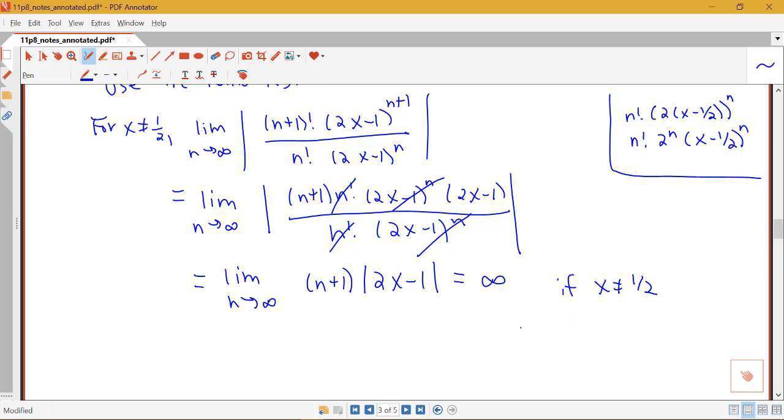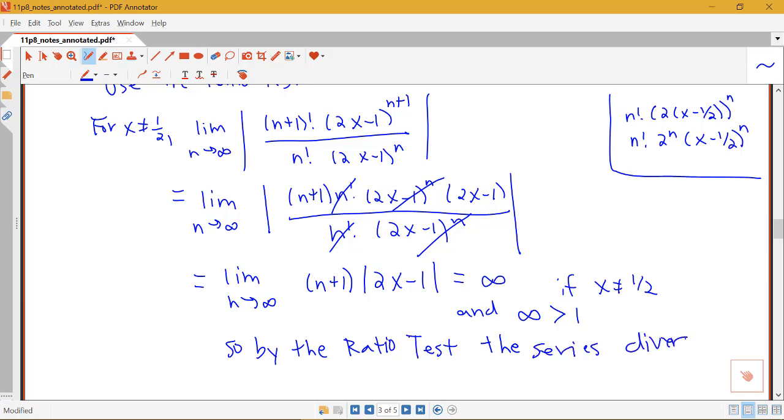So by the ratio test, well, if we got this limit that equals infinity, and infinity is clearly bigger than 1, by the ratio test, the series diverges for all x except that center value of x equals a half.